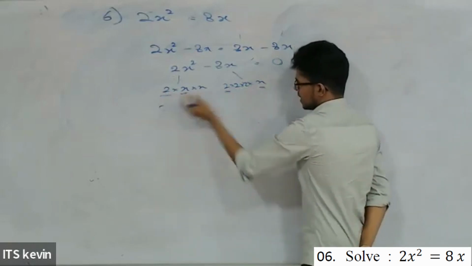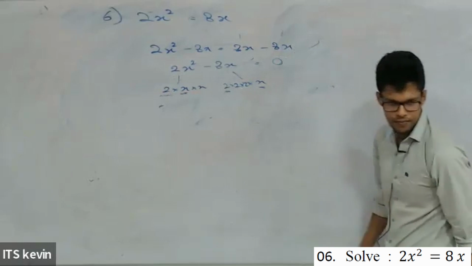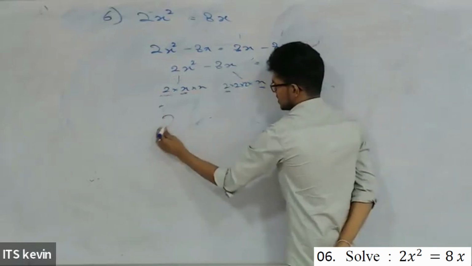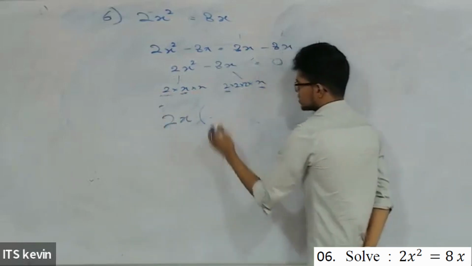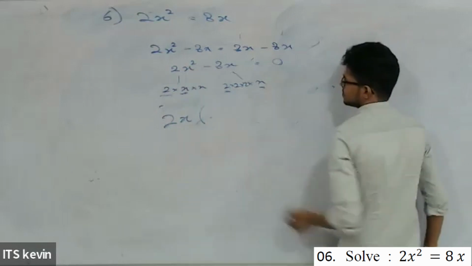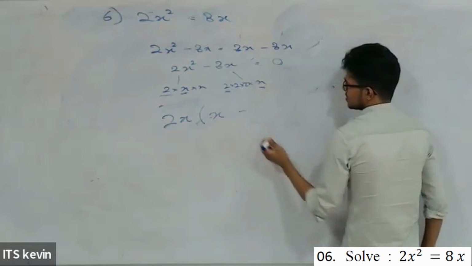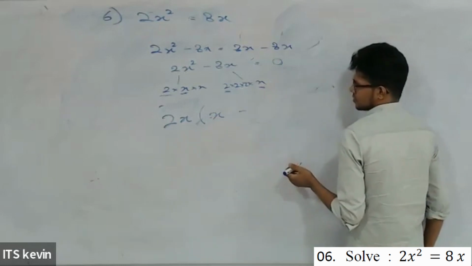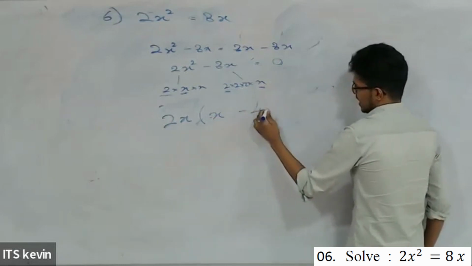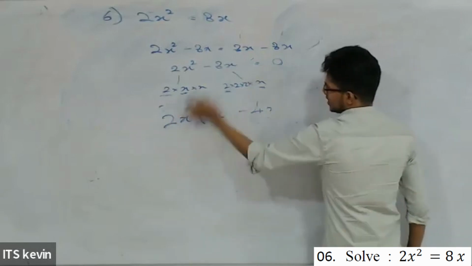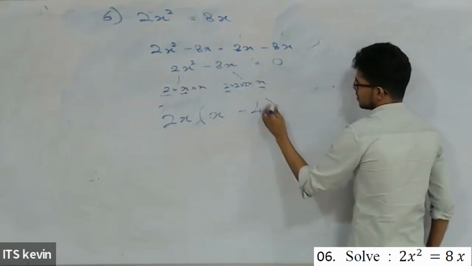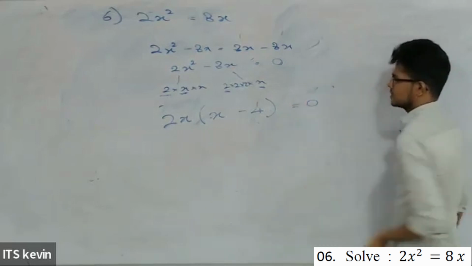So I'll take 2x outside. When you take 2x outside, what is remaining here? x minus 4x? Yes. x minus 4, not 4x, because x you already took out. So x minus 4 is equal to 0.